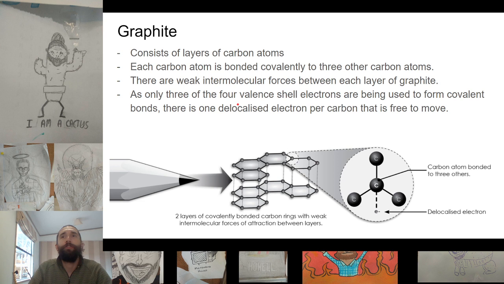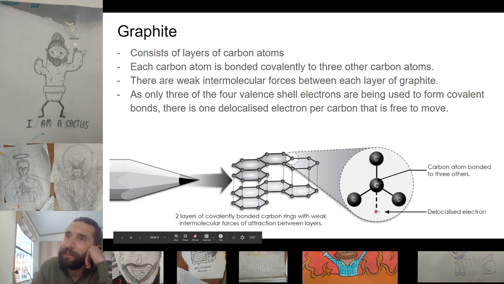The other important thing to know about graphite is that you probably know that carbon always makes four bonds. It's got four valence electrons, it makes four bonds. But as you can see, this one here doesn't make four bonds, it only makes three bonds. So what it means is it's got one leftover electron, which is free to move around the graphite. Here it says delocalized electron.